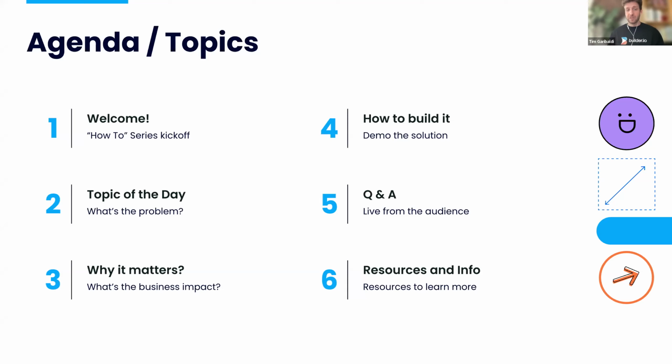And then Shyam himself is going to go through a demo of this new enterprise-only feature, environments, right? Breaking down the ways that you can streamline your pre- and post-production workflows. And then, of course, we will save some time for question and answer at the end. There is a chat. Please feel free to send your questions there. We'll have some time at the end to try to answer anything that comes up. Sound good? All right, let's get started.